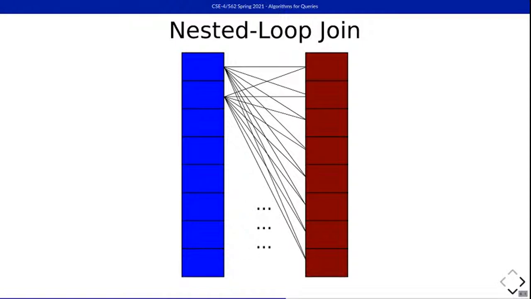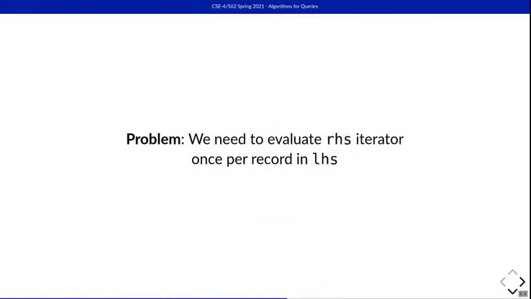We do that over and over again, and we're essentially repeating ourselves. The problem is that for every tuple we get in on the left, we have to scan everything on the right.